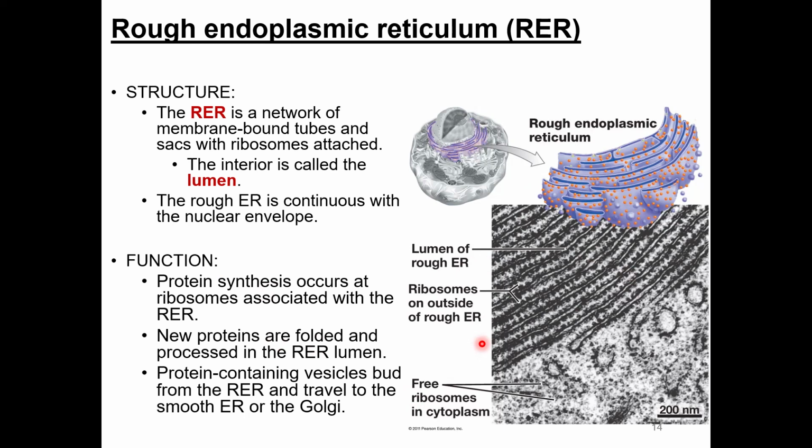Then these new proteins are folded and processed in the lumen of this rough ER. Protein-containing vesicles come off the rough ER and travel to the smooth ER or the Golgi for transport to other places in the cell.